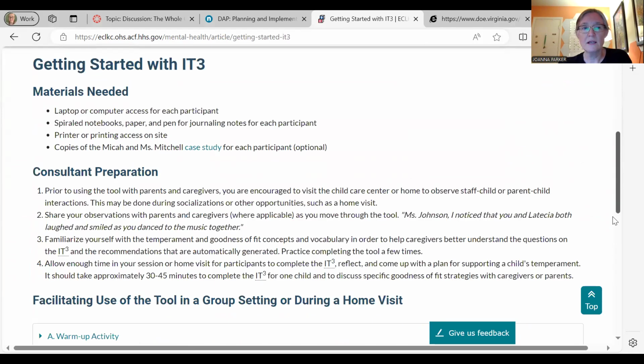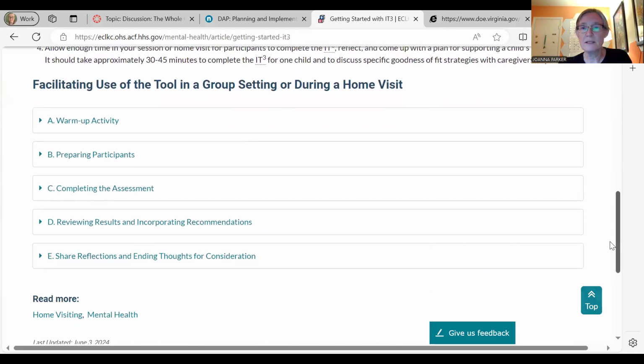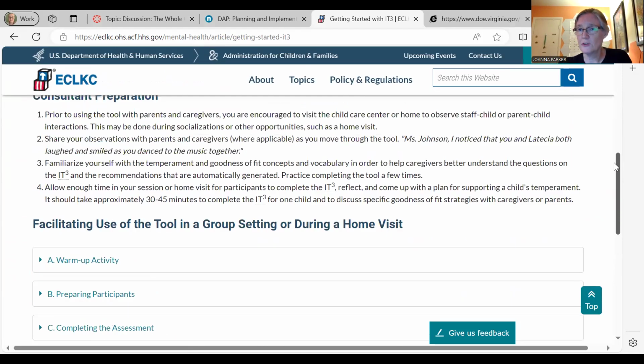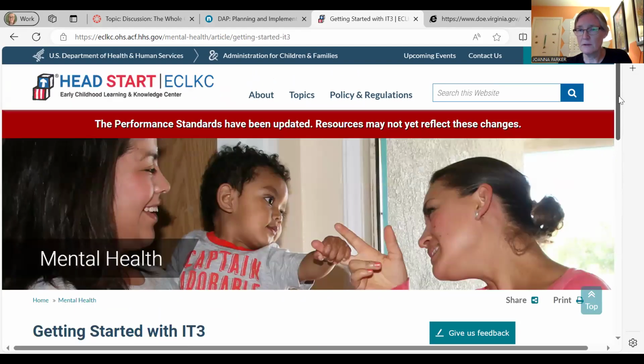So you can complete this completely online. This is also something that you could share with parents. It is designed specifically for infants and toddlers up through age 3. I would argue that this is important information as we think about our preschool age children as well.